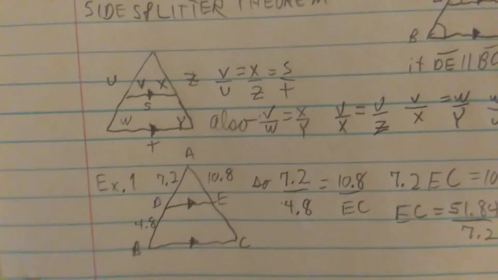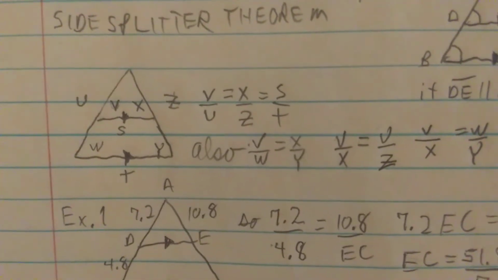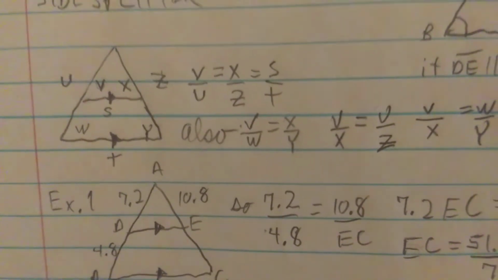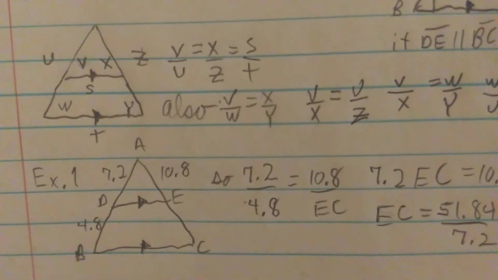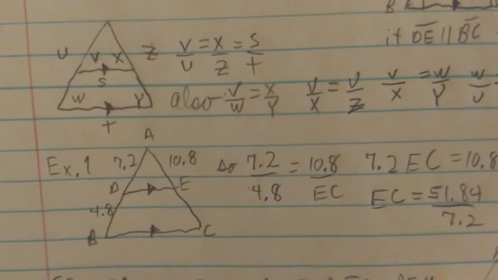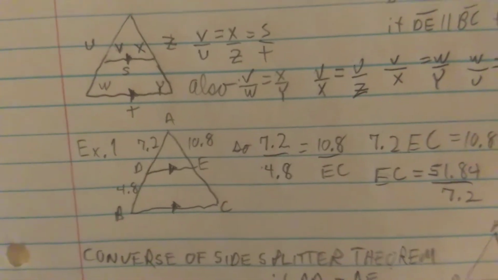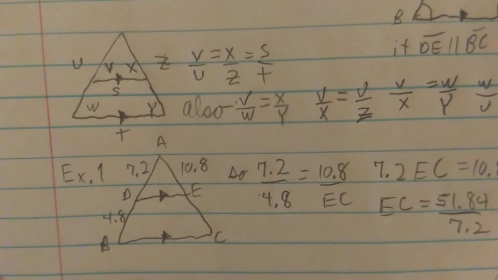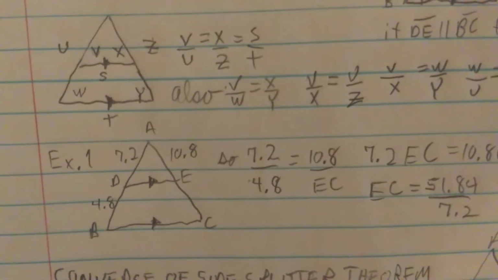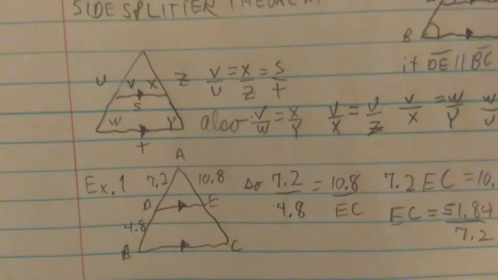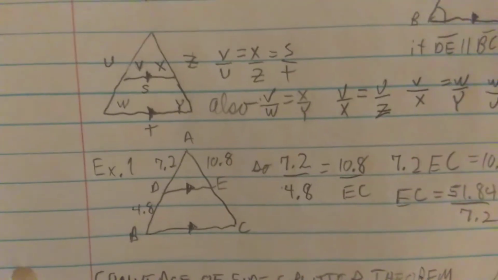So now, if we have a general triangle with two parallel lines, and on the left side the parts of the side are V and W, and on the right the parts of the side are X and Y, the whole side on the left being U and the whole side on the right being Z, we can get these kinds of proportions. V, the top, over U, the whole left side, is equal to X, the top, over Z, the whole right side, is equal to S, the parallel line smaller segment, over T, the bottom line segment.